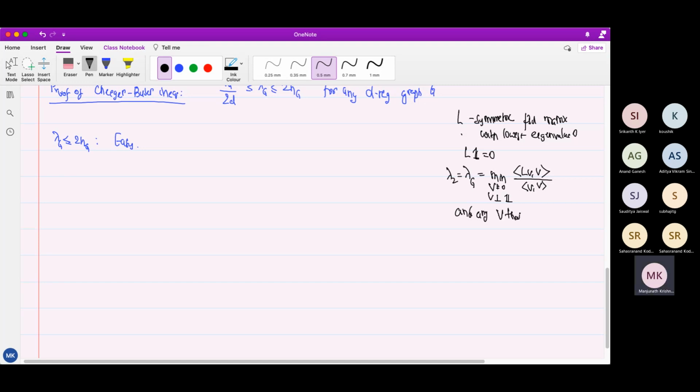Okay, and any v that achieves it is an eigenvector with eigenvalue lambda. Okay, so I hope this part is familiar to people.